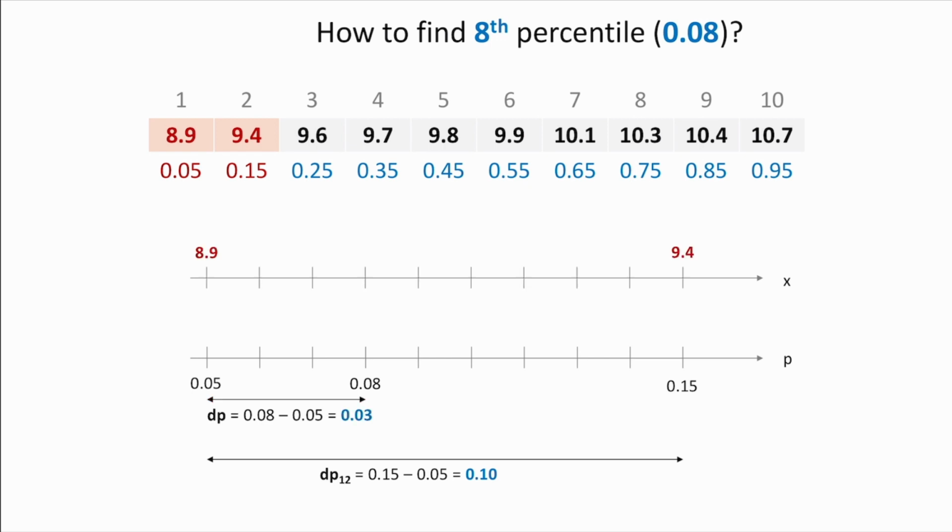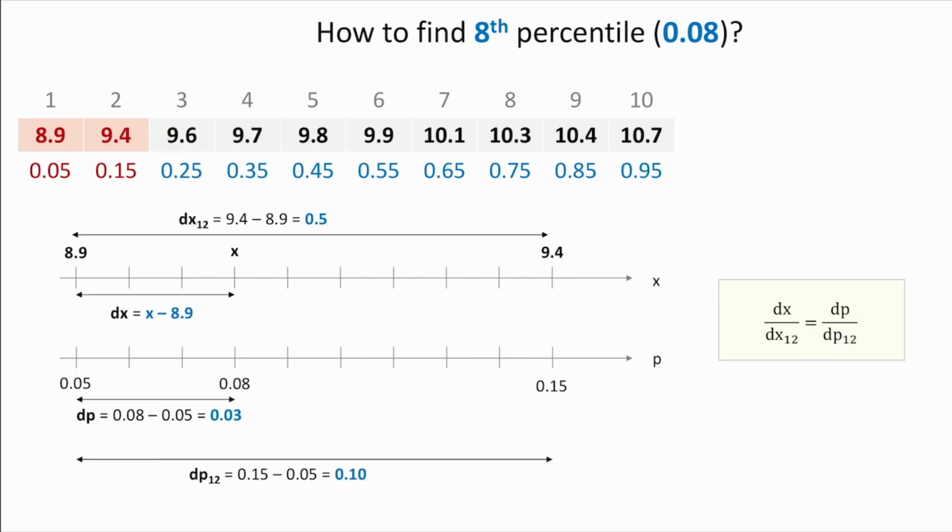So we have these boundaries, 8.9, which is the 5th percentile, and 9.4, which is the 15th percentile. And then we have this value that we don't know yet, the 8th percentile. And the idea is that the distance between this value and the left boundary and the total distance between the 2 boundaries should have the same ratio as the distances in the percentage space.